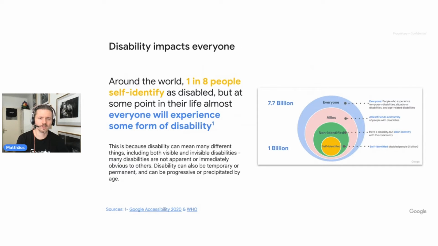Also, disability can affect any of us at any time. It impacts everyone. In the world, 1 in 8 self-identify as disabled, but at some point, almost everyone will experience some form of disability. As I mentioned before, it has many different meanings.